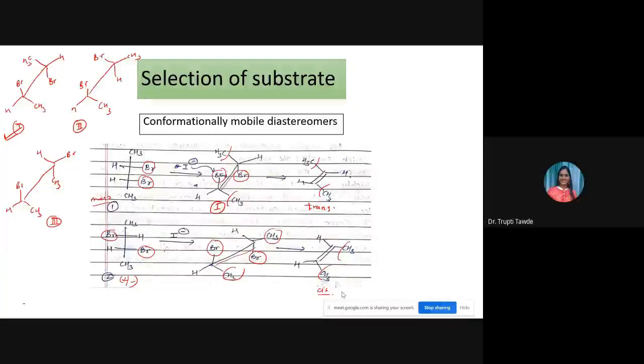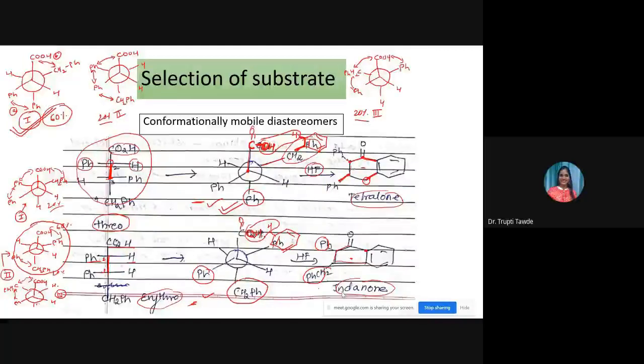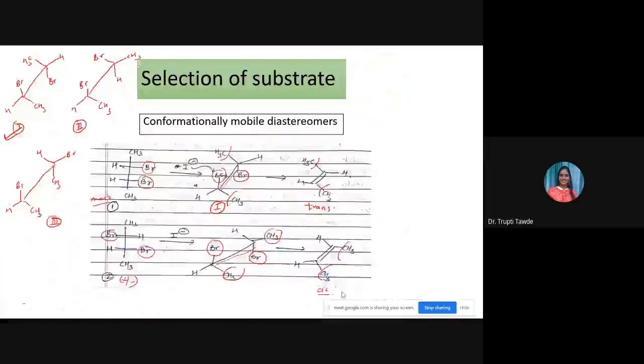Clear to everyone? Here I have covered two examples. In one case we considered the conformer whose population is the highest, and in the other case we considered the conformer which is satisfying the stereochemical requirement of the reaction. So this is basically applicable for acyclic systems. Okay, for cyclic systems we have a different rule. We can make those rings rigid by attaching something.